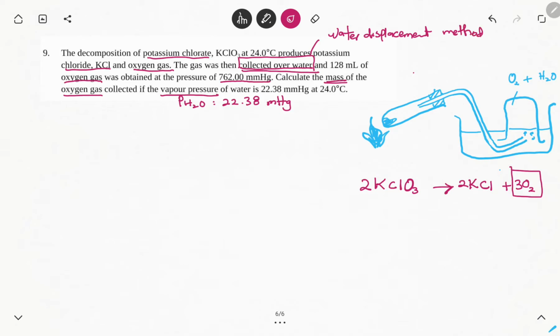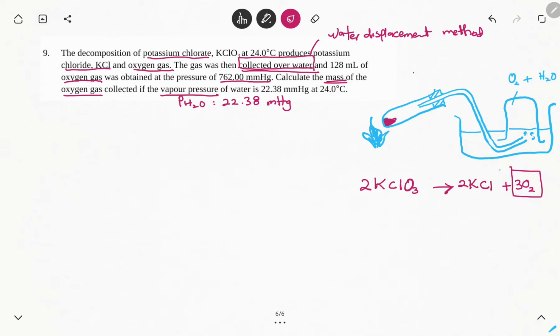This is the diagram to visualize the water displacement method. We have potassium chlorate here. It is heated and the potassium chlorate decomposes to potassium chloride and oxygen gas.